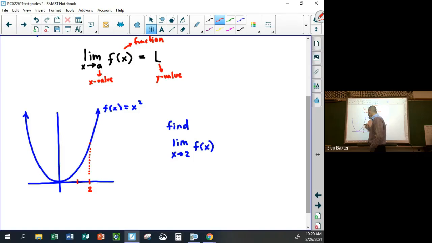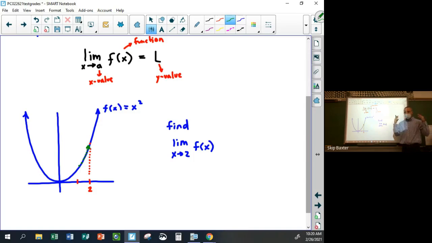Right? All I'm going to do is pretend I'm a tiny bug walking along this function towards that point where x equals 2. And then I'm going to ask myself, what y value am I getting closer and closer to? So what y value am I getting closer to if I approach that point on the curve?